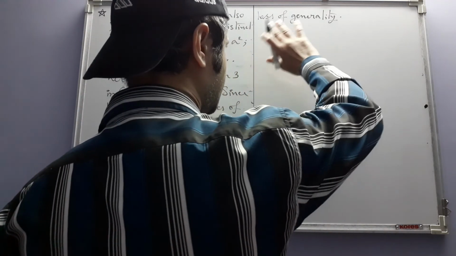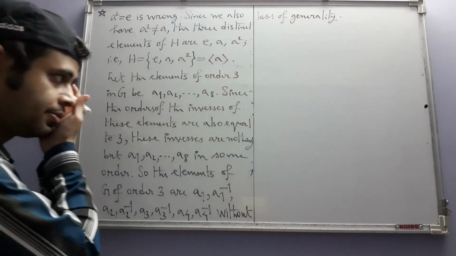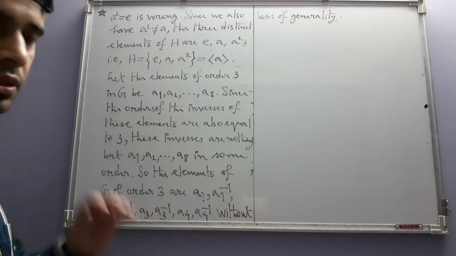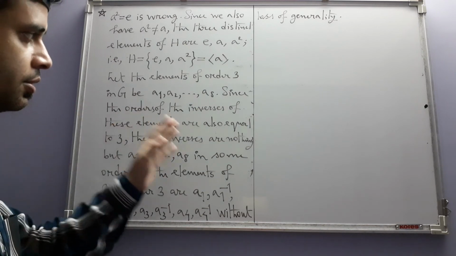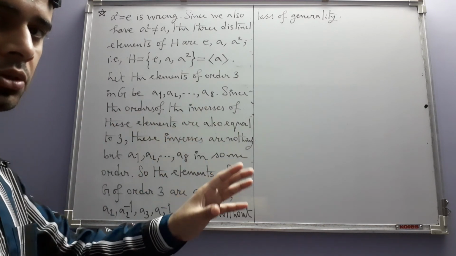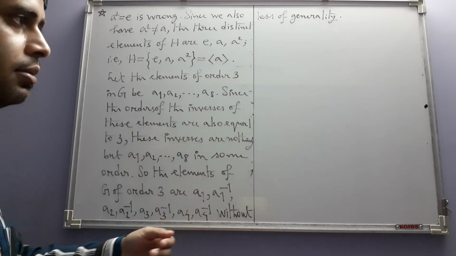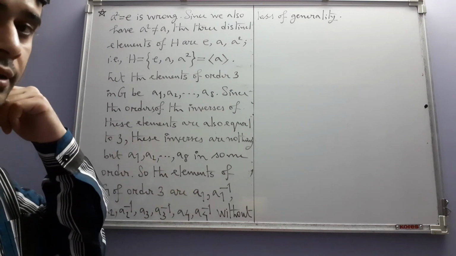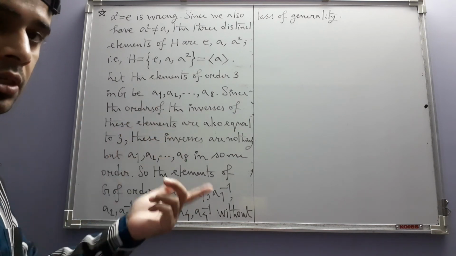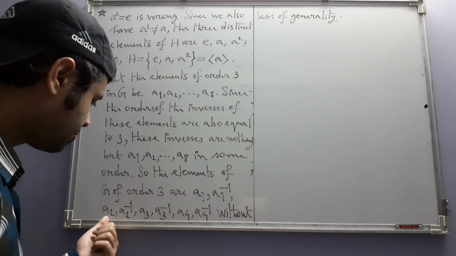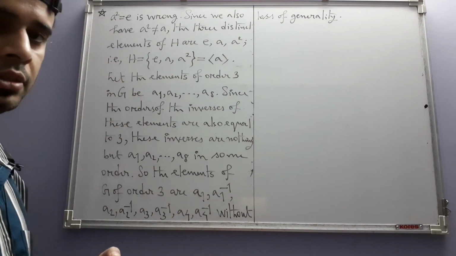And also, since we have already proved that any subgroup of G of order 3 must be a cyclic subgroup generated by some element, and as a consequence that element must be of order 3 itself, so that element must be one of these elements.